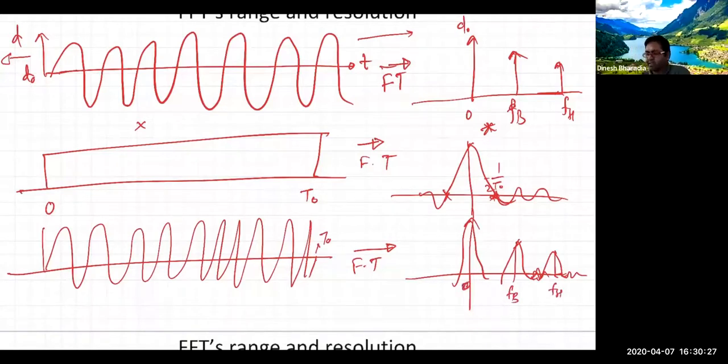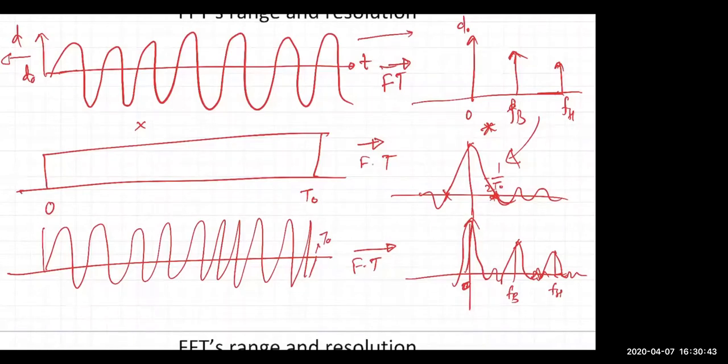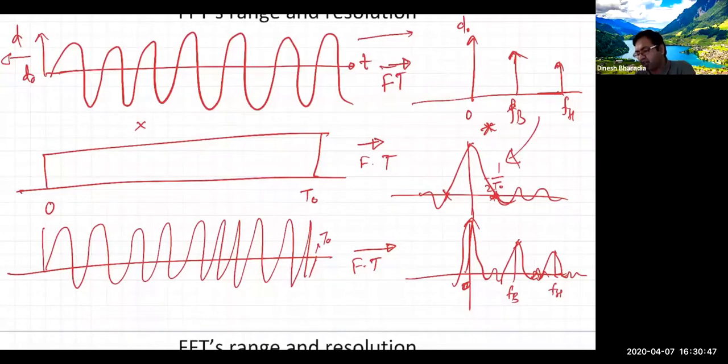Everyone following me? There are 3 delta functions, each of them gets convolved with a sinc. Is that clear to everyone, Eric, Dylan? Yes. Yeah. So there will be a sinc on top of each delta function, because you just take this sinc and put it on top of each one. That's what the delta function convolution leads to.